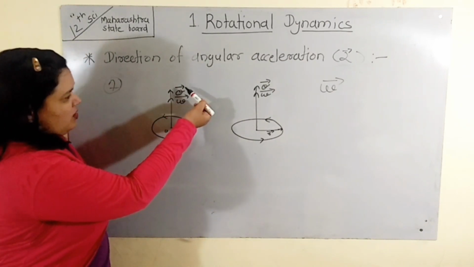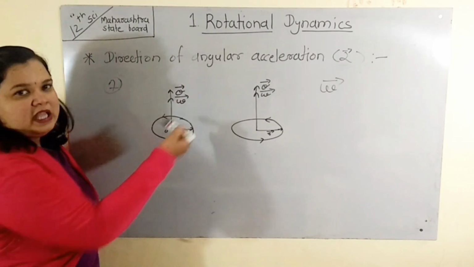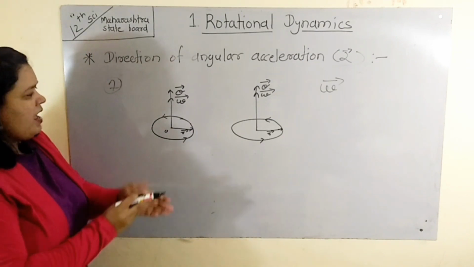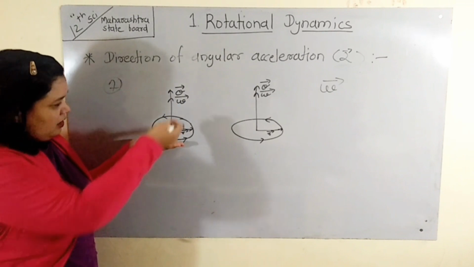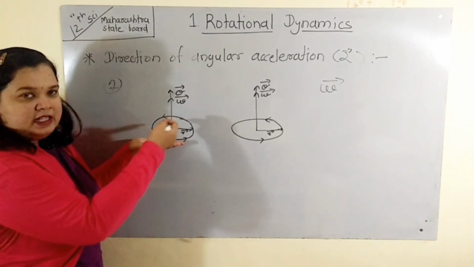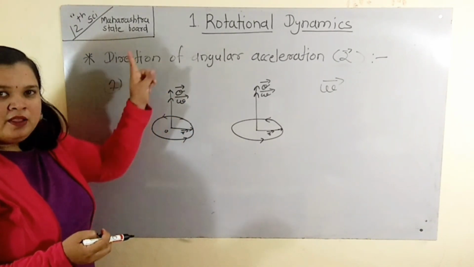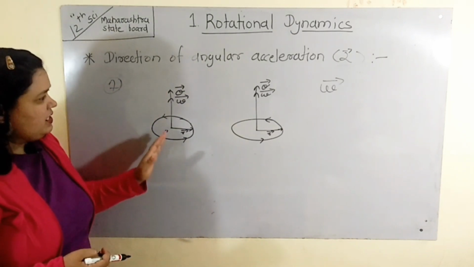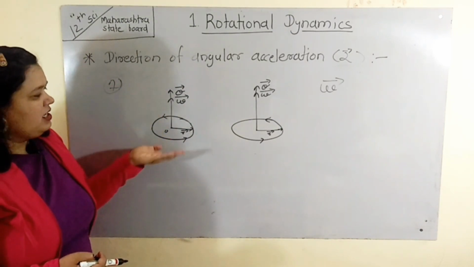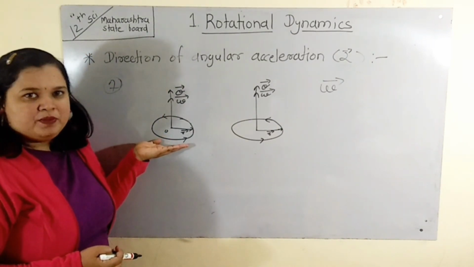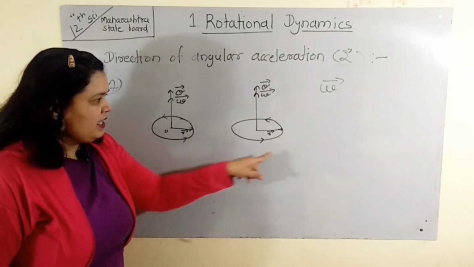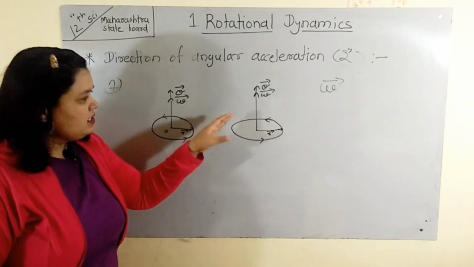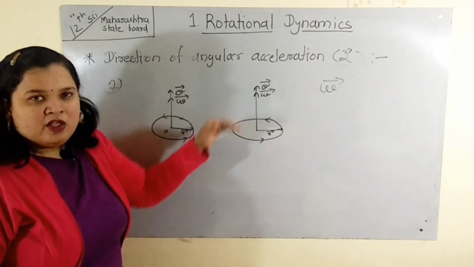Angular velocity and angular displacement are both in the same direction, which is perpendicular to the plane of that figure or that motion. The motion is like this and these two vectors are perpendicular to the plane of this paper. Again here also the motion is like this and these two vectors are perpendicular to this plane.